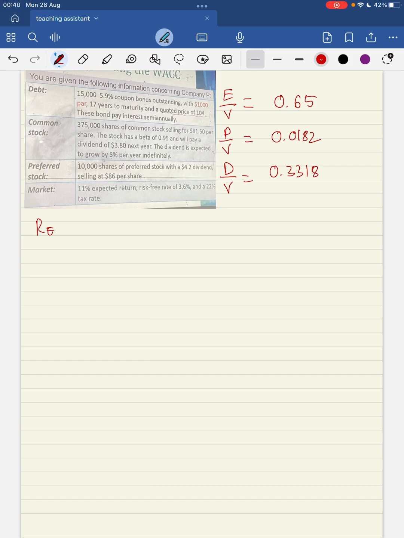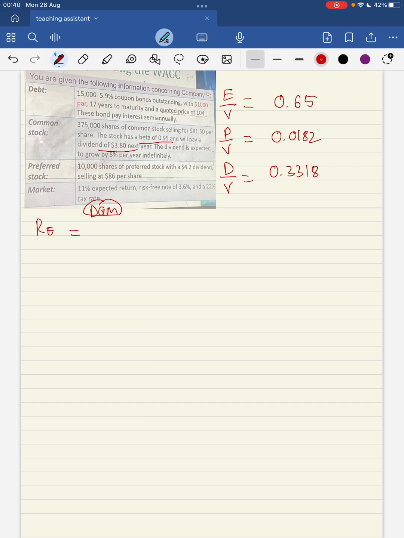How do I know? We only have the beta of the stock, we only have the dividends, but we don't have the risk-free rate. Therefore, there is no way for us to use the SML method. Therefore, we have to use the dividend growth model, the DGM method, to compute the cost of capital.